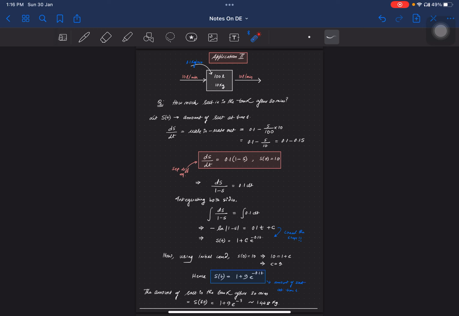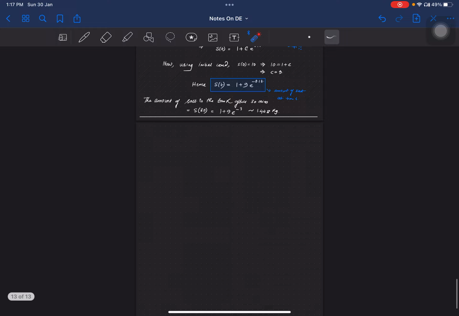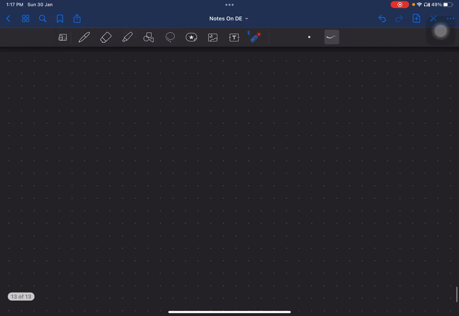One thing to note is that here the flow of mixed water coming in and going out are the same. Now let us check what happens if the rates are different. So it's another problem.